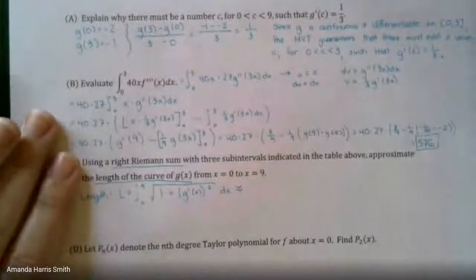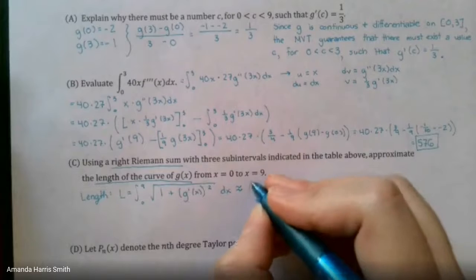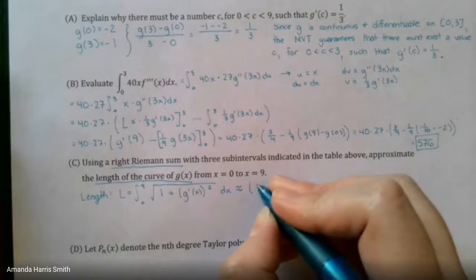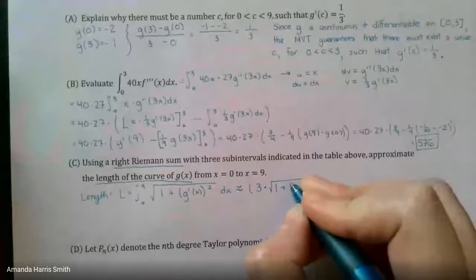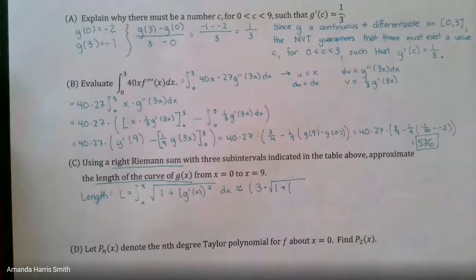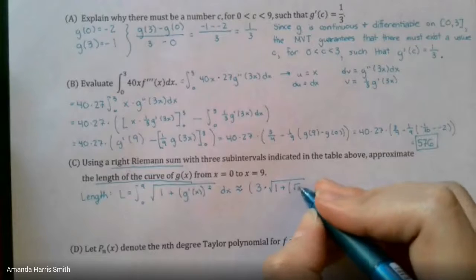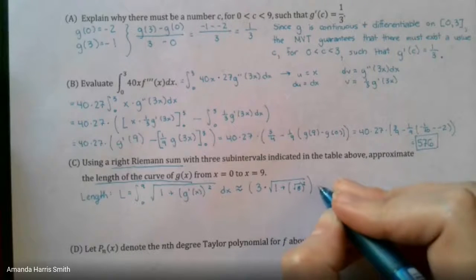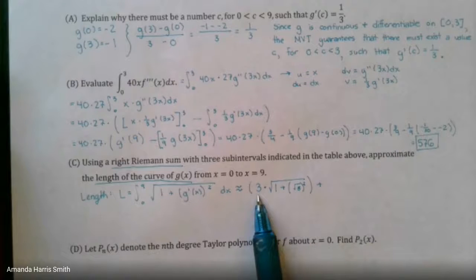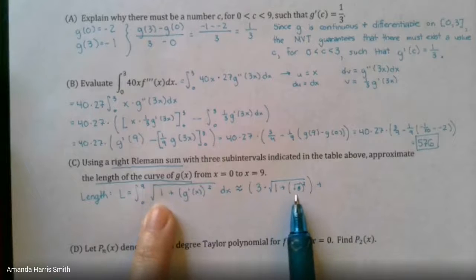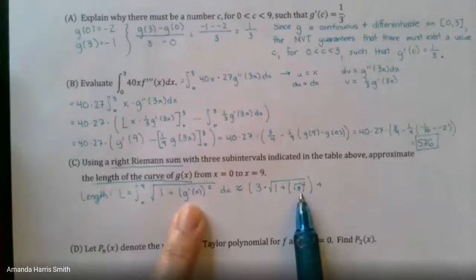So coming back down here, we're going to say that our first rectangle is going to be 3 times root 1 plus, and this is where I'm pulling that g prime from the table, root 8, but now squared. Okay, so that 3 is coming from my delta x for the first rectangle. And then from the integral, I'm doing root 1 plus g prime of x squared, and that g prime of x is root 8.